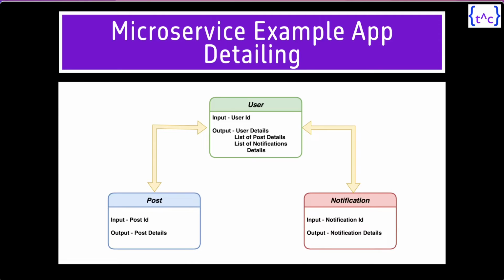In this session, we will be creating the user service, post service and notification service, and we will expose their GET APIs. Further, we will see how the user service can talk to the post service and get the relevant details, as well as the notification service.